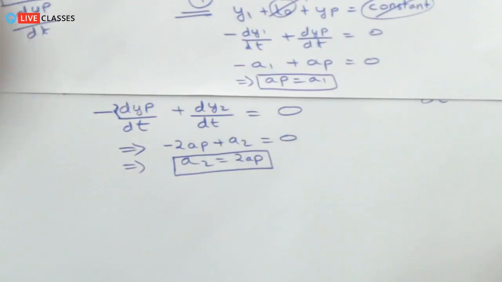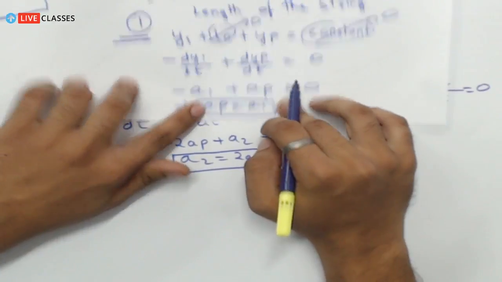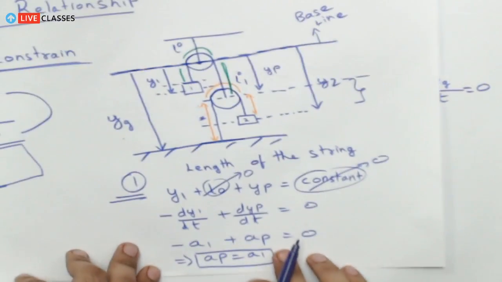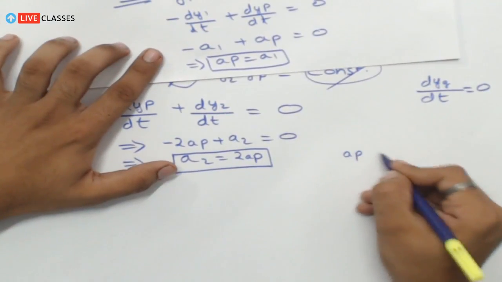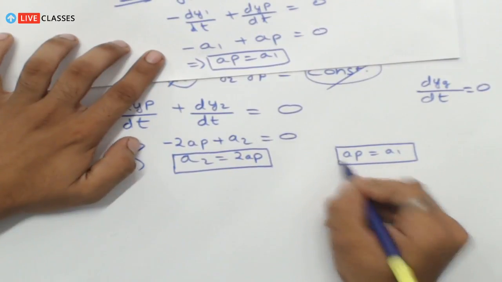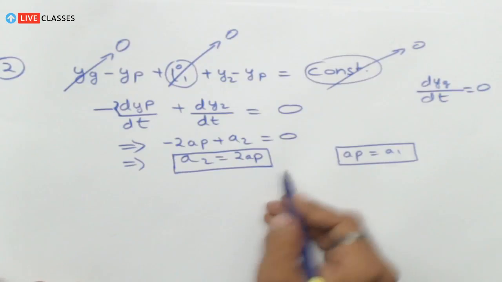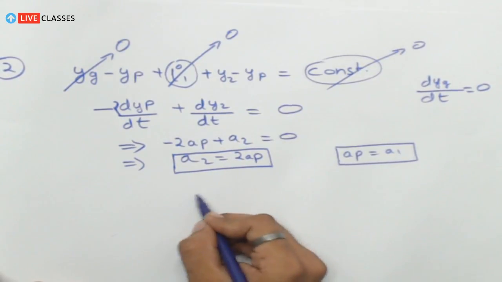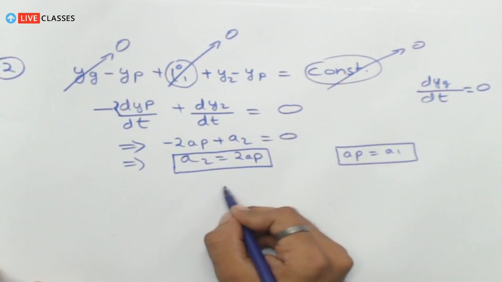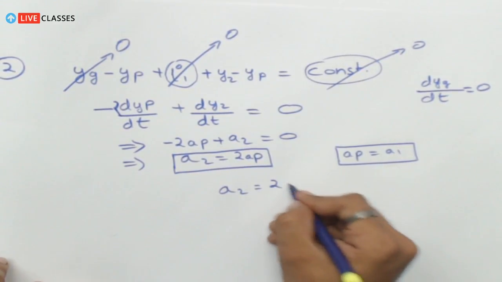So AP, this equation we got from string 1. Sorry, yes, we got this equation from string 1. What was it? AP is equal to A1 and A2 equals to 2AP. So we get A2 is equals to 2A1.